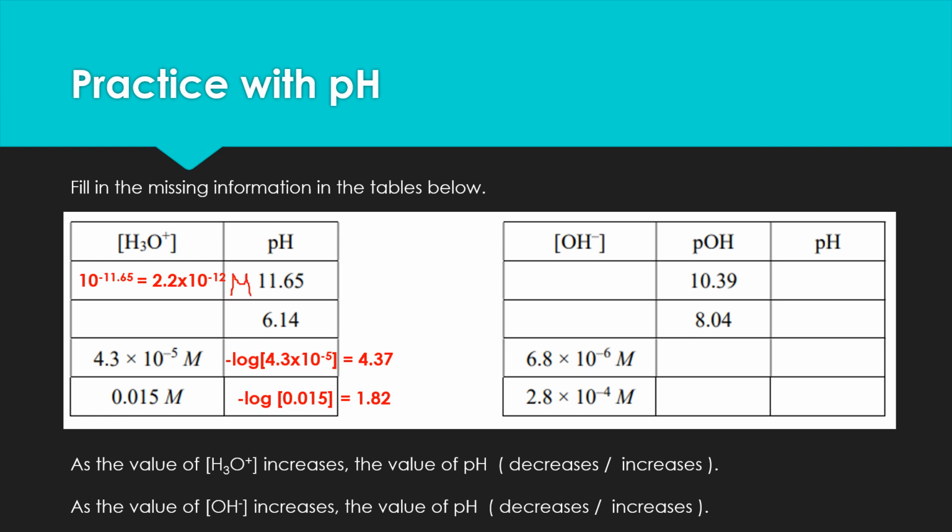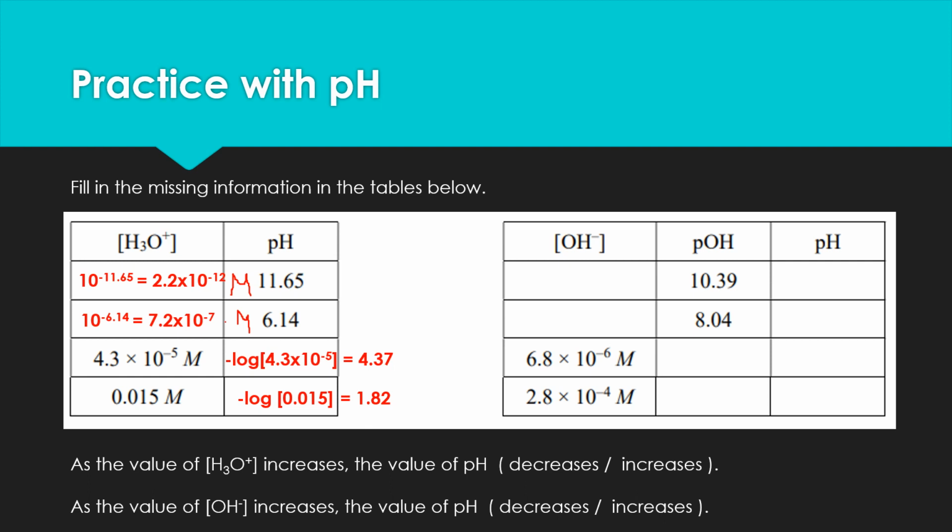I'm going to go ahead and throw an M over here for the next answer. So once you try the next one, make sure you can get to an answer. Try it in your calculator. Pause for a second. All right, we should have done 10 to the negative 6.14, and we get 7.2 times 10 to the negative 7 molar concentration. So that's how we can find our hydrogen ion or hydronium ion concentration.